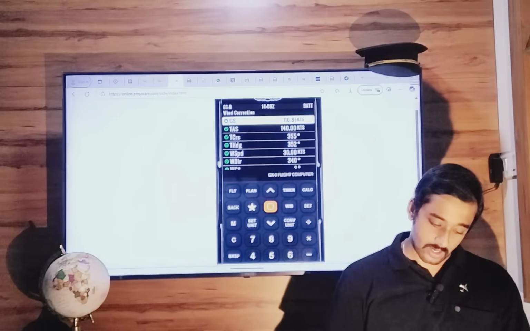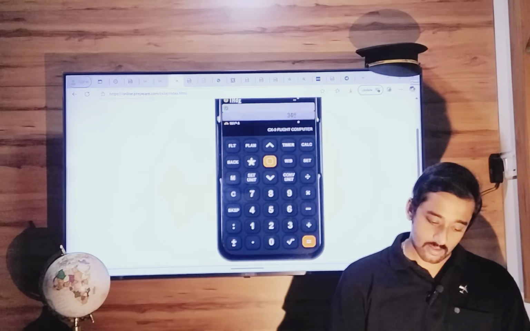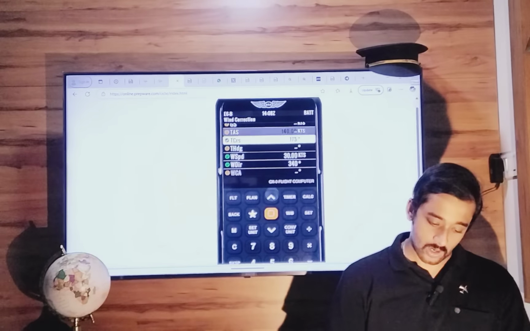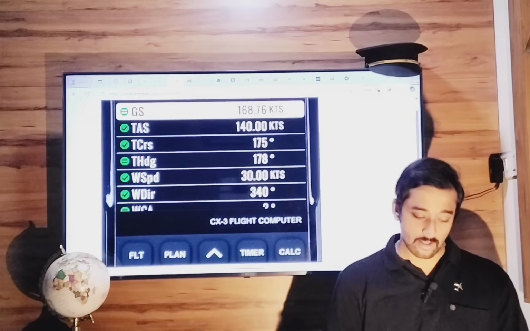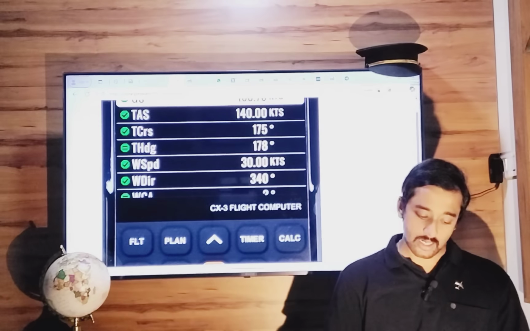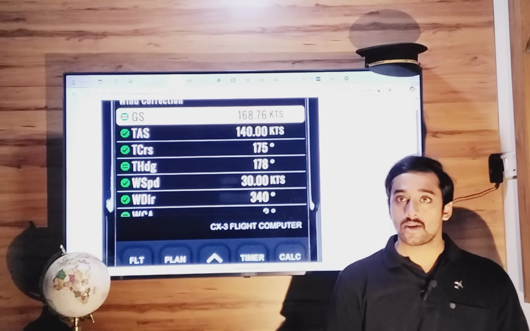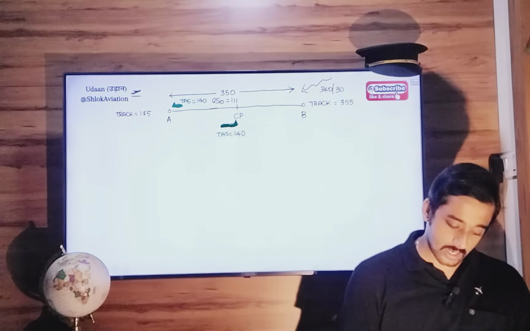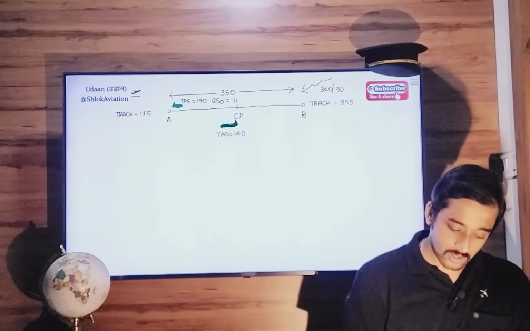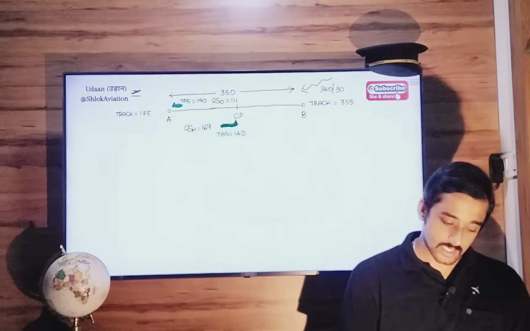So task 140, course 175, wind speed 30 knots, direction 340. So ground speed is 168.76 or 169 knots. So ground speed homebound is 169.